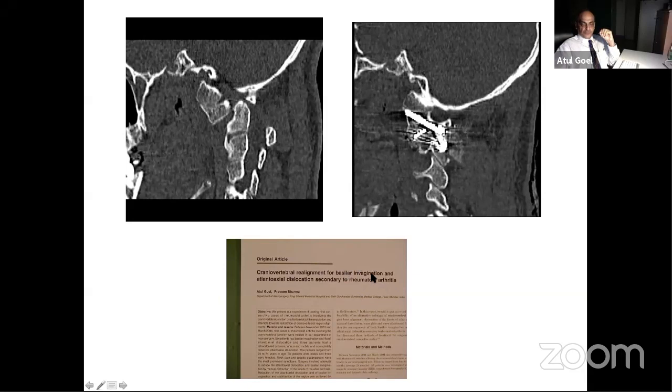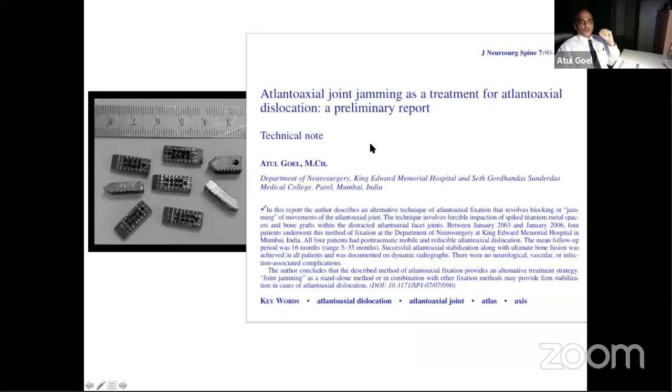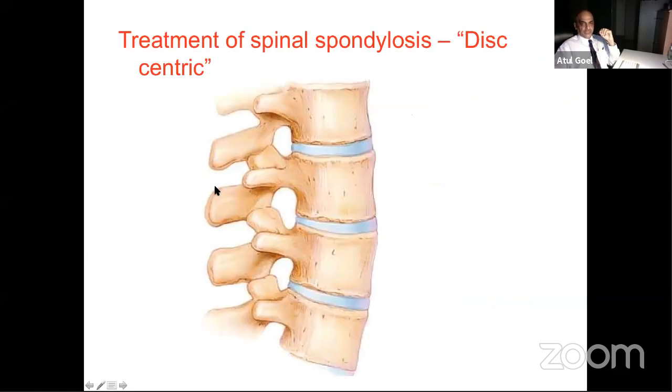So this was the first time in the literature where such a form of treatment was introduced for rheumatoid arthritis of the craniovertebral junction where there is no decompression. So we introduced these intra-articular spacers and we introduced the concept that you can distract, reduce and stabilize, and you see this bone fusion. So we call this concept the joint jamming technique, the intra-articular spacer fixation technique.